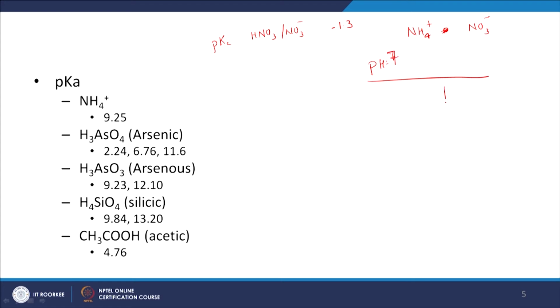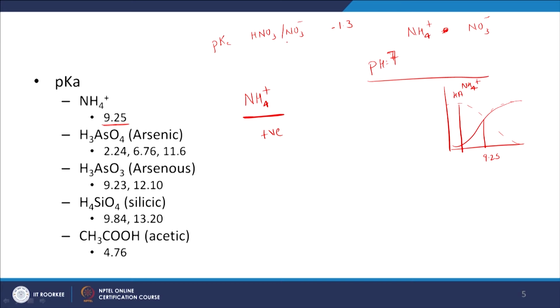Then we looked at our speciation graphs, for both the cases. One is for ammonium, pKa is 9.25, and we see that at pH 7 most of it stays as HA, or NH4 plus. NH4 plus has a positive charge.